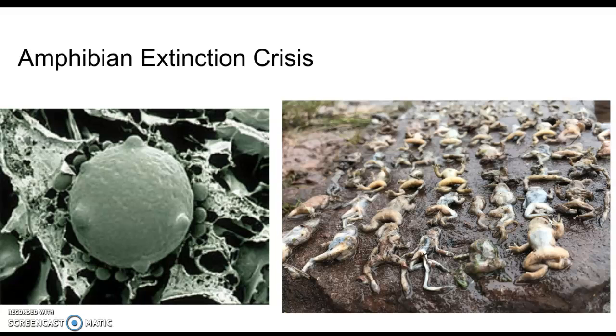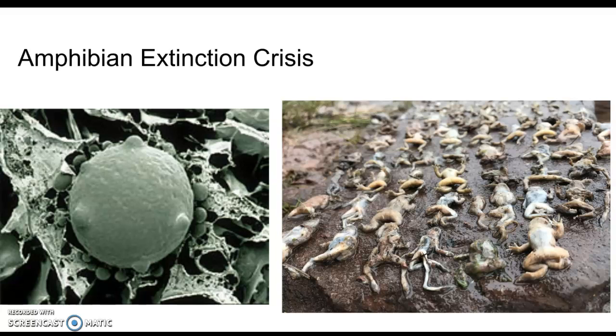And some of their adaptations allow them to become species indicators. And that has caused, as we're going through our sixth mass extinction, amphibians to be in the forefront, or one of the species that are losing the most organisms. And that is because of a few things.